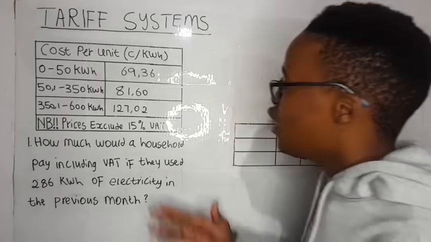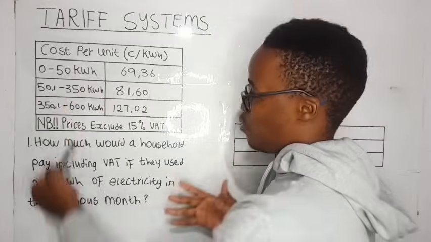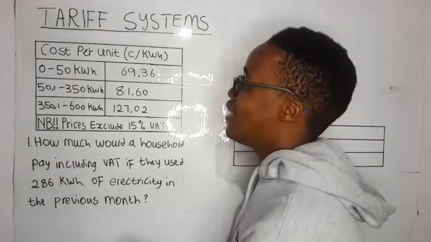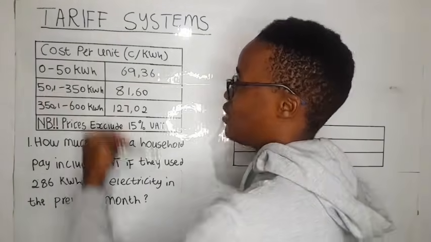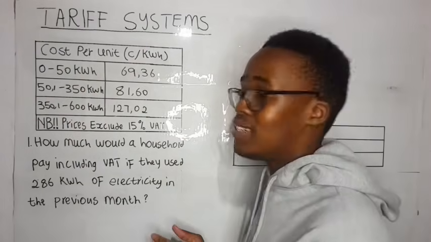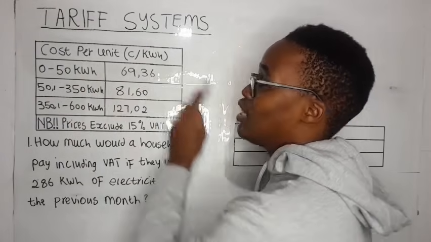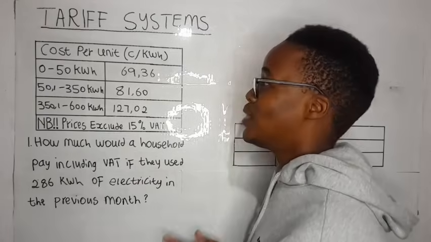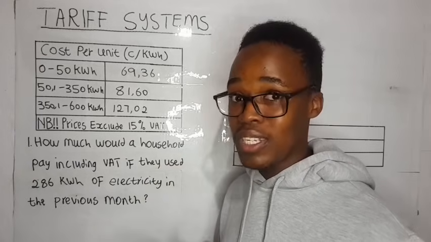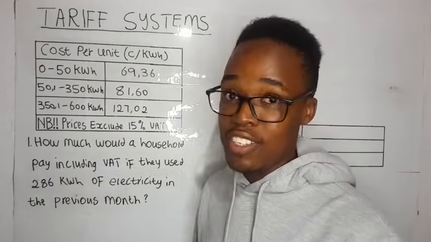So you should go row by row. When you get to the first row, it's written cost per unit. They've told us here that they charge cents per kilowatt. This information is very, very important. You will see as we do the calculations.